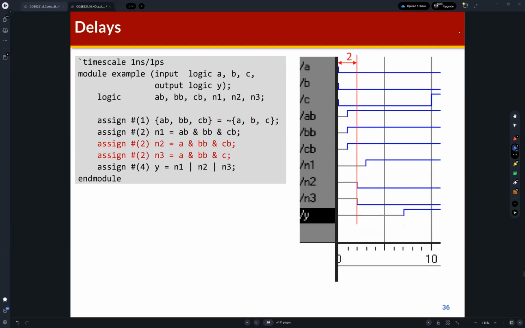And then N2 is determined by A, BB, and CB. So the BB and CB are determined at 1 nanosecond, at the starting point.